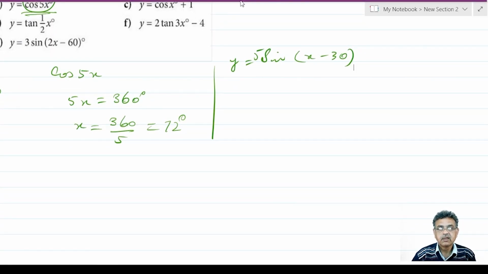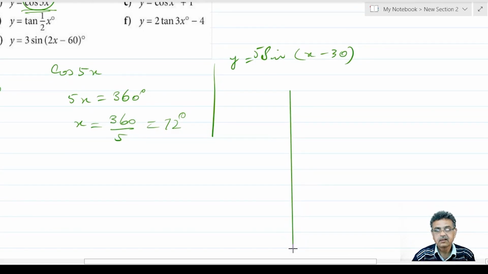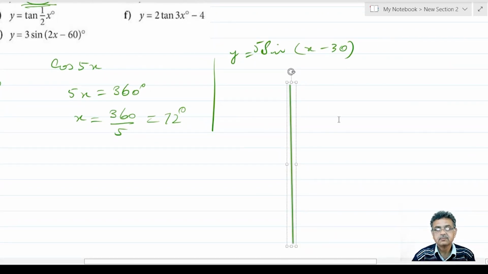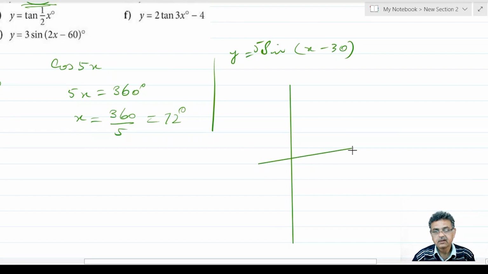One thing I would suggest is, let me make these lines here. This is a vertical line, and one horizontal line, this way.